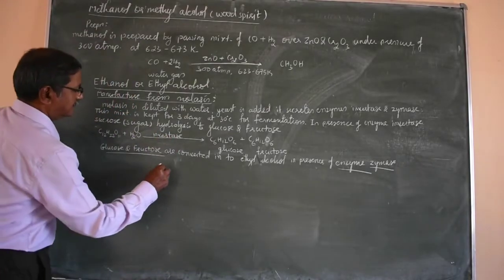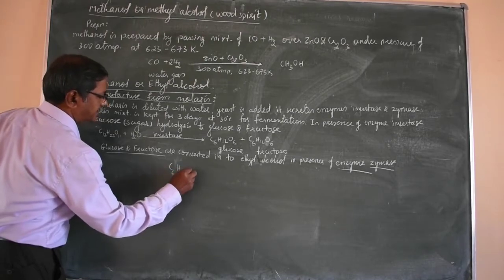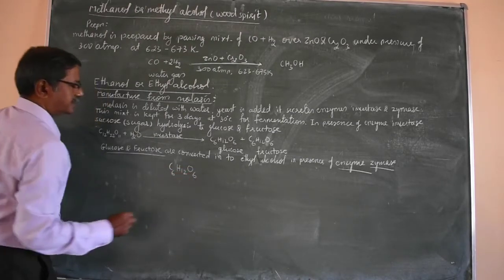We know the formula for glucose or fructose is C6H12O6.